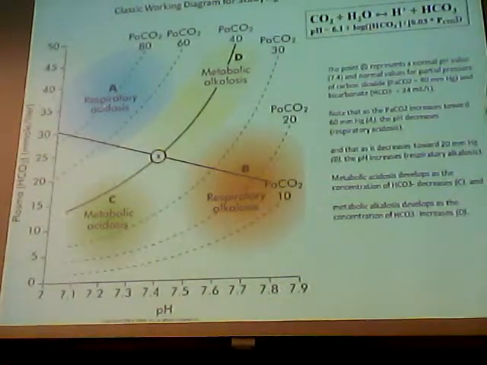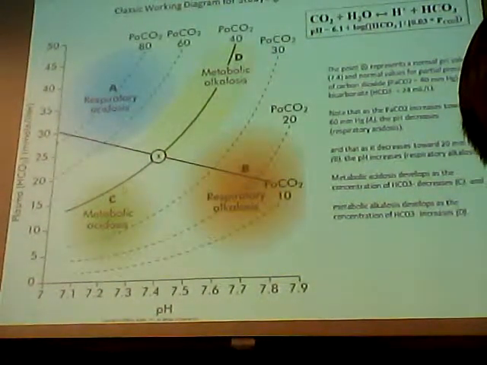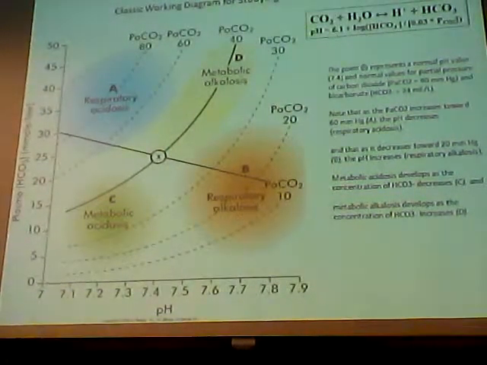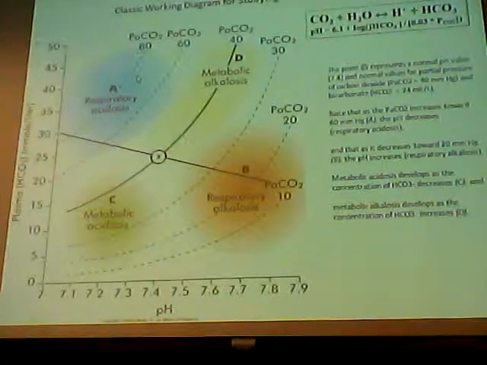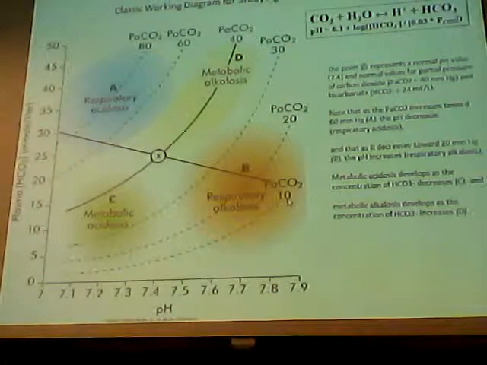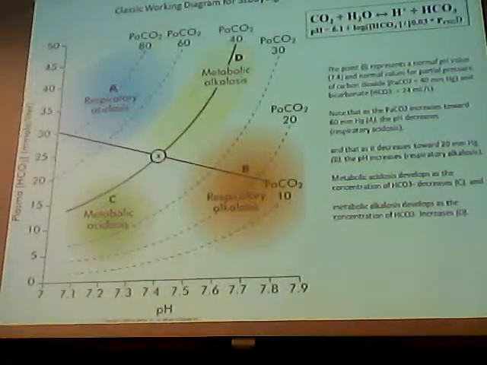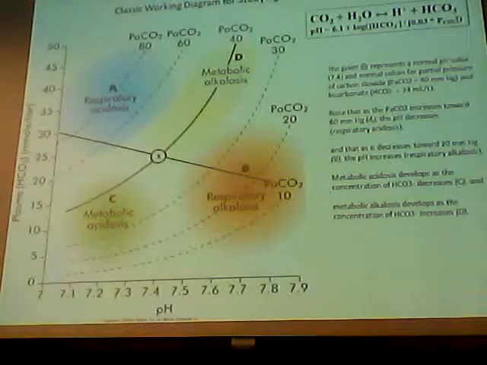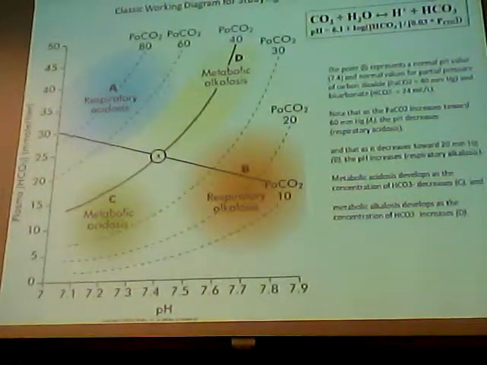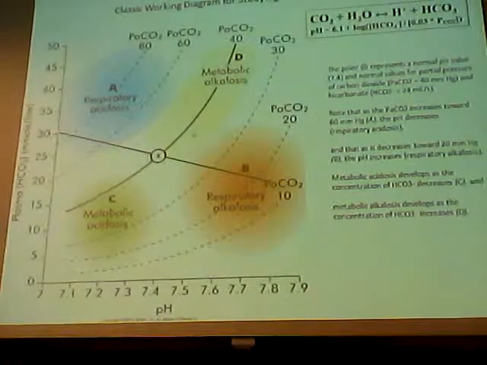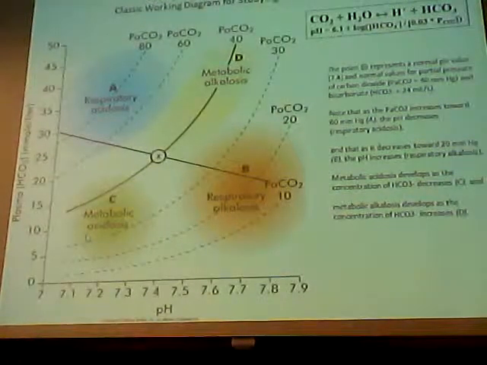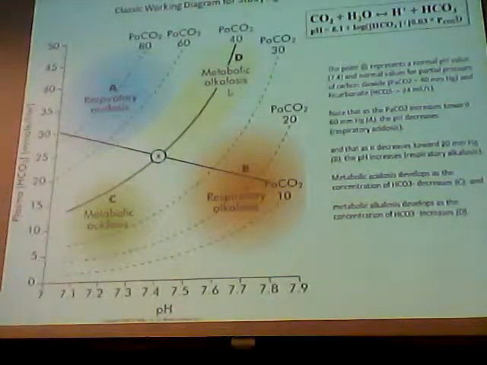With respiratory, the way you read these lines is that 40 is your normal CO2, and above that is respiratory acidosis because you have too much CO2, and below that is respiratory alkalosis, not enough CO2, so low H+ concentration, high pH. By the same token, along the 40 line are your 2 metabolic problems. If it's less than a pH of 7.4, it's acidosis, and above that is alkalosis, okay?